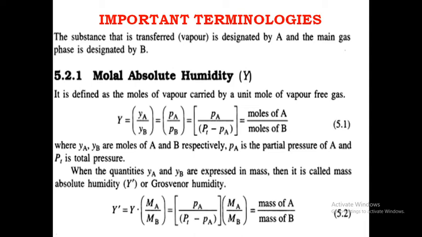With the help of Dalton's law, Pt is equal to Pa plus Pb. From that, Pb is equal to Pt minus Pa.